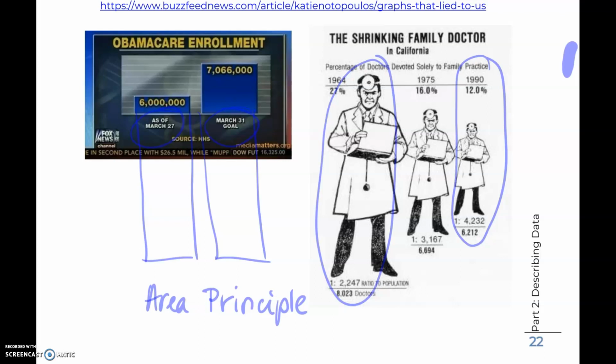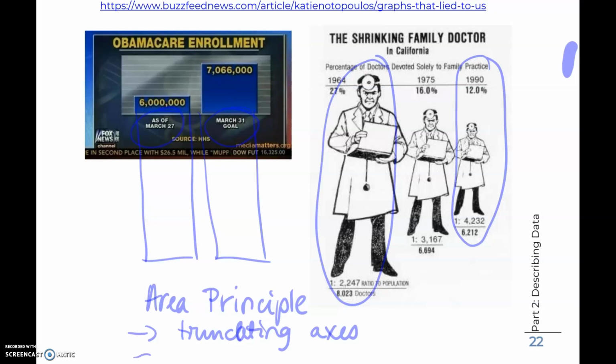So just to summarize it again, the two things to watch out for is truncating the axis. This is where we cut off the axis, or maybe don't even have numbers or labeling. Like there's no y-axis with numbers on it.